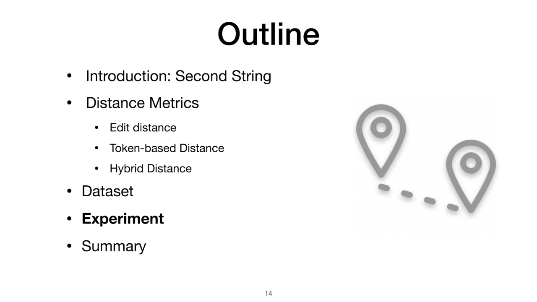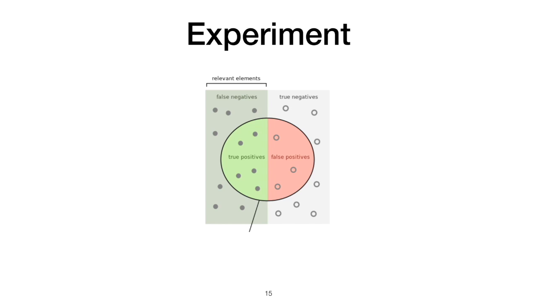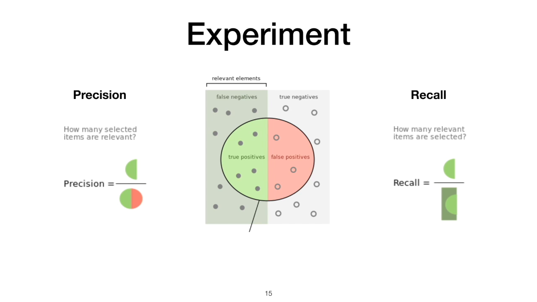Okay, let's move on to the experiment part. Before we go into the details of the experiment, I want to first clarify two concepts: precision and recall. As you can see in the graph, precision is the true positives over the sum of true positives and false positives, and recall is the true positives over the sum of true positives and false negatives.